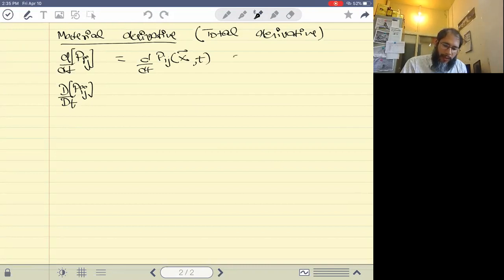If that is the case, then this is nothing but the partial derivative with respect to t of Pij(X, t). It's easy to understand here because the partial derivative of capital X with respect to time is 0, since capital X has no dependence on time. So the d by dt here is the same as dou by dou t.